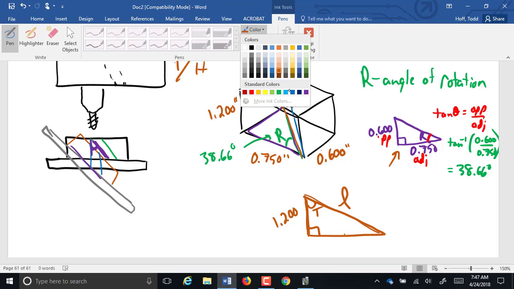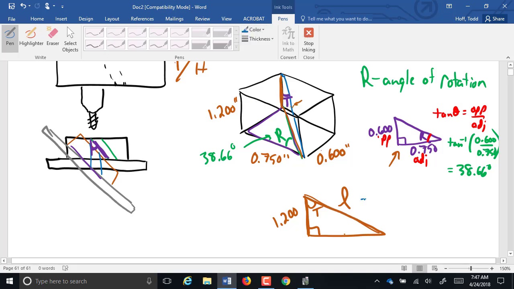And if you recall from yesterday, we talked about three-dimensional Pythagorean theorem. We can find that length as the square root of 1.200 squared plus 0.750 squared plus 0.600 squared, right? Our three-dimensional Pythagorean theorem.